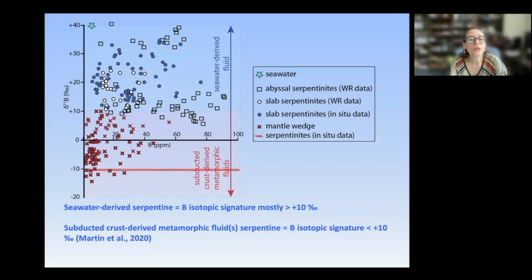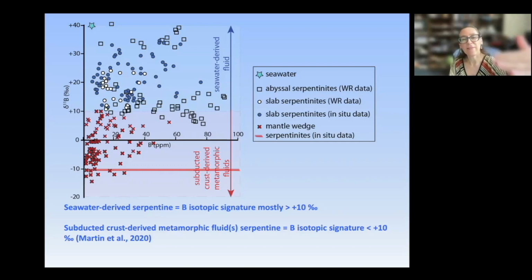So, to conclude this chapter, we can put in this big delta-11 boron versus boron concentration diagram all the serpentinites we measured in different areas, and we clearly see that the ones that have a seawater-derived signature are all above +10 per mil, while the ones that have a signature derived from the subducted crust and subducted sediments have a value below +10 per mil.